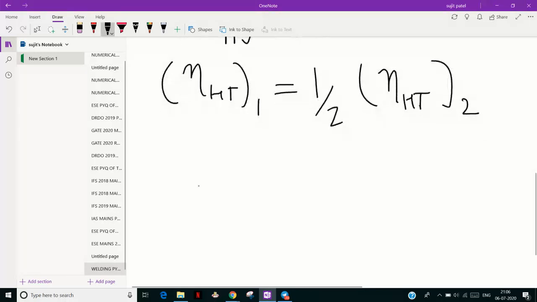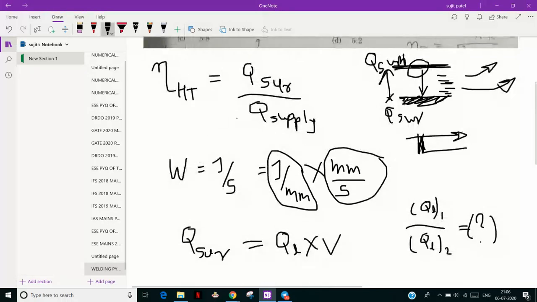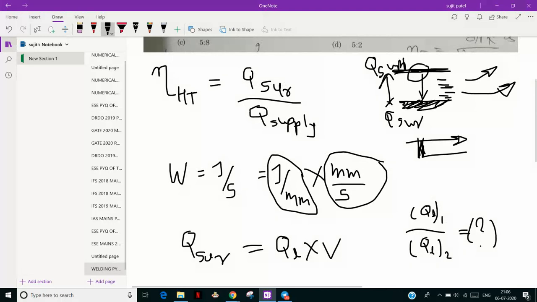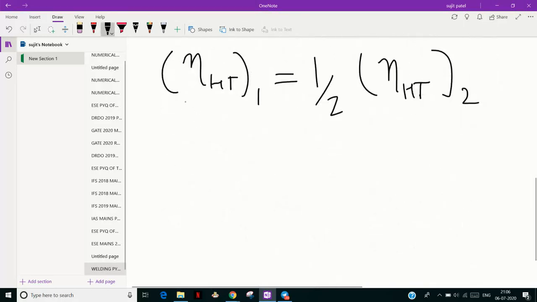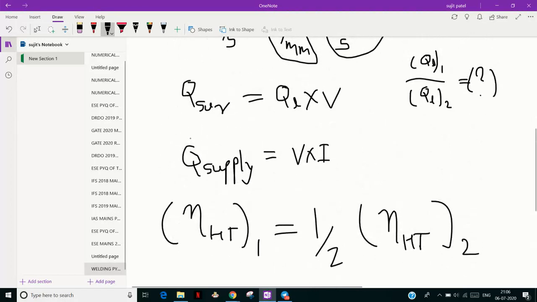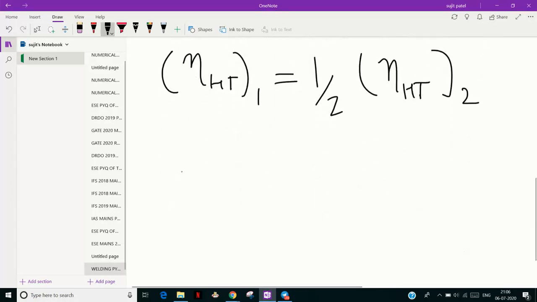Heat transfer efficiency, as you know, is the surface heat reached on the surface upon the supplied heat. Surface heat is heat transfer per unit length into velocity, upon voltage into current.